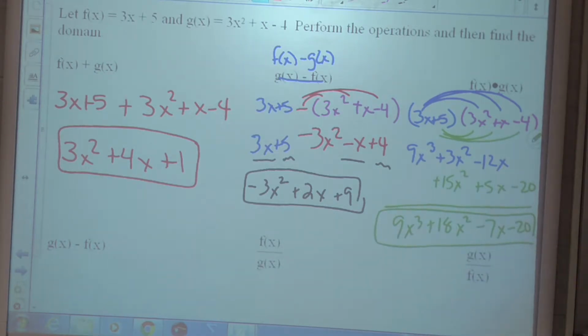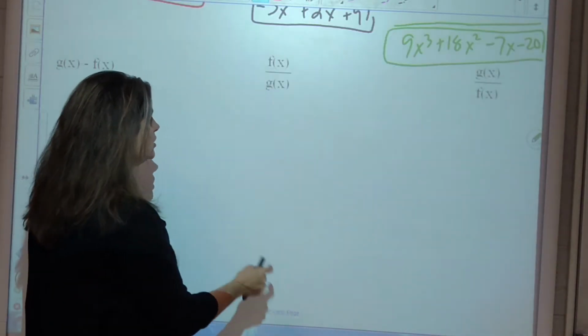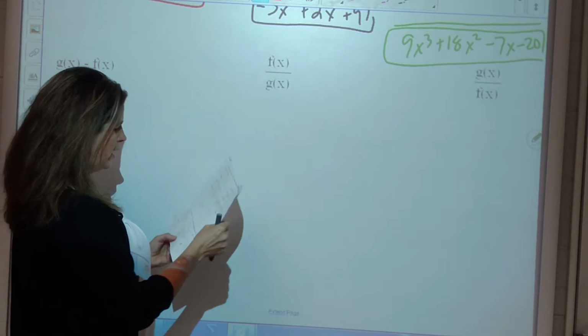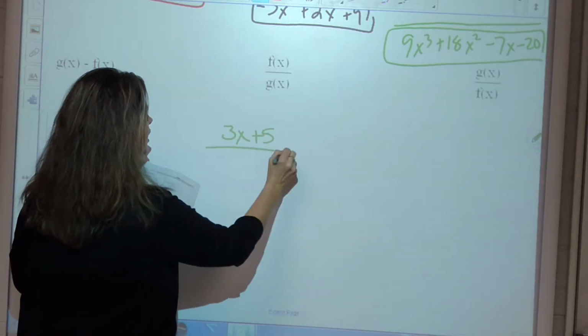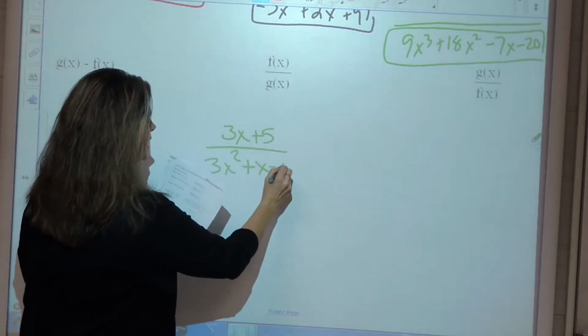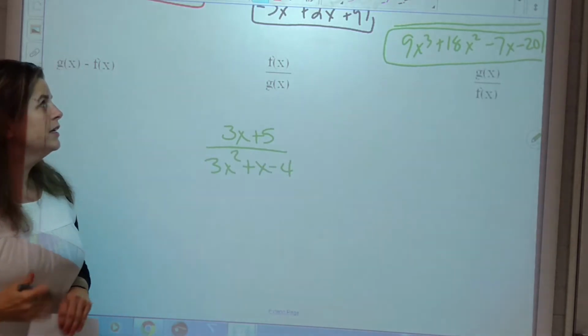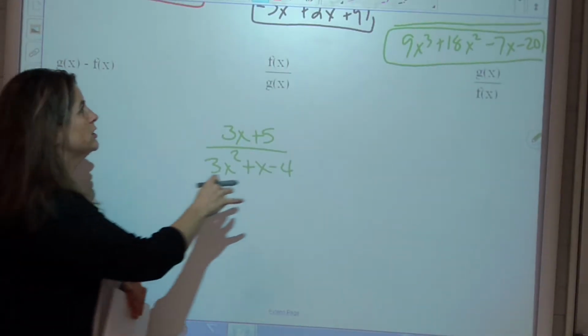We're going to skip on to a fraction here. Fraction, remember, is division, so these are quotients. And literally, you are just writing 3x plus 5 over 3x squared plus x minus 4. The only thing is, you do have to list domain restrictions with fractions.